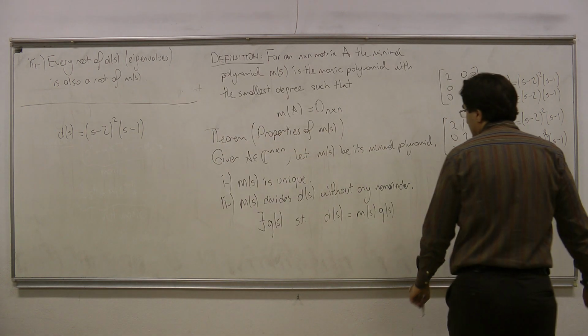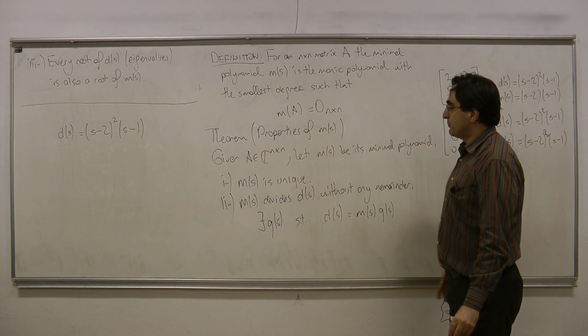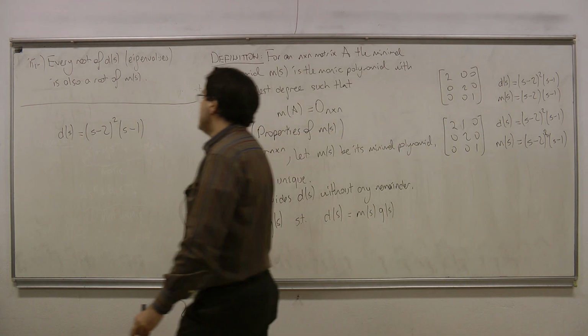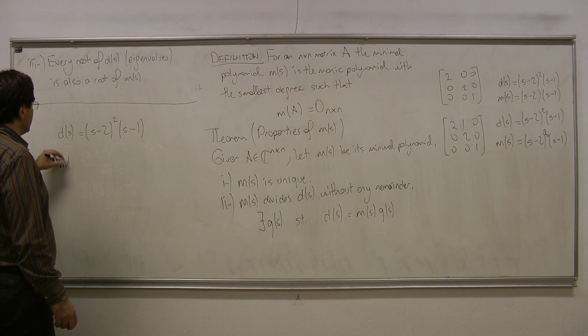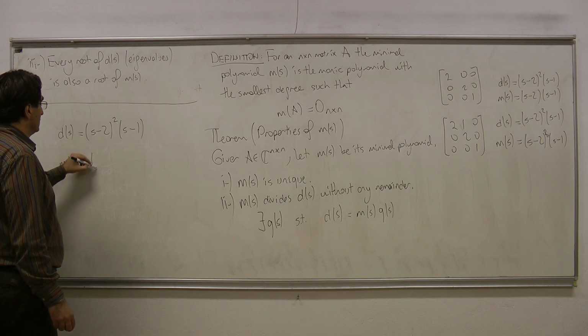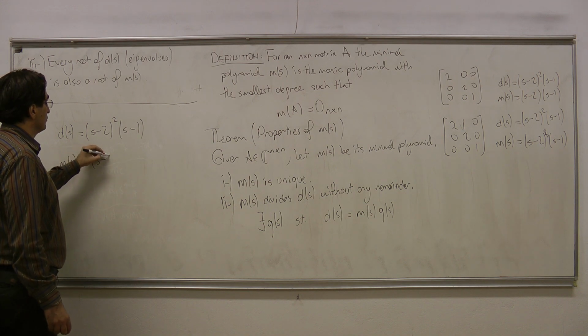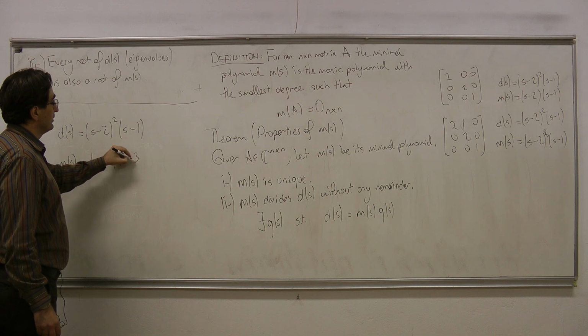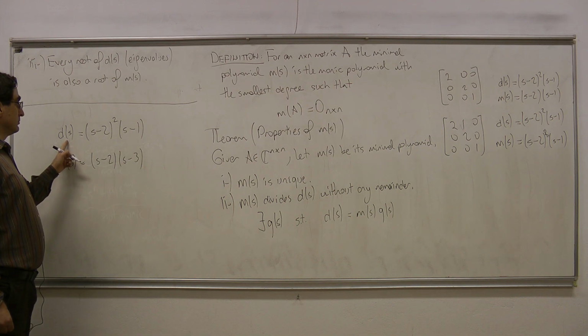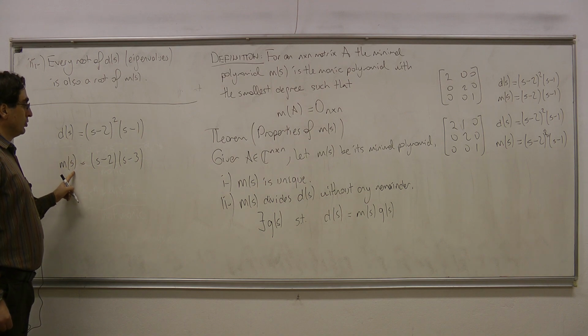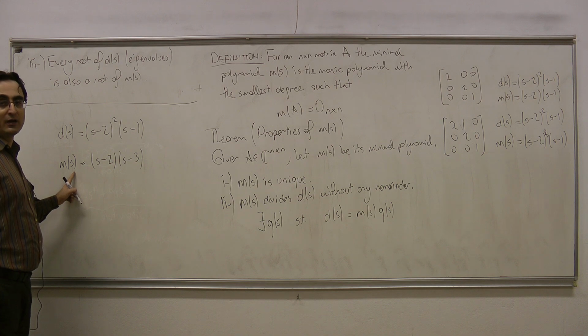In this case, the second property tells us that the minimal polynomial for such a characteristic polynomial really cannot have the following form: s minus 2 and s minus 3. Okay? Why is that?